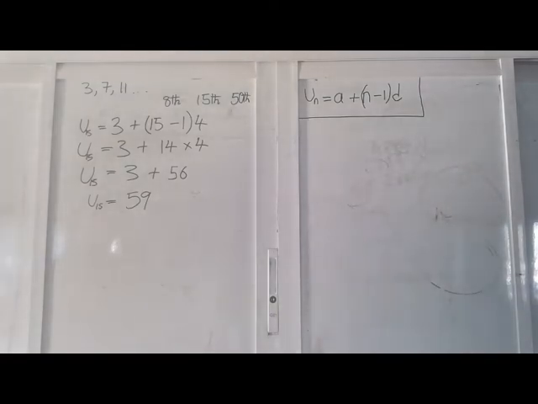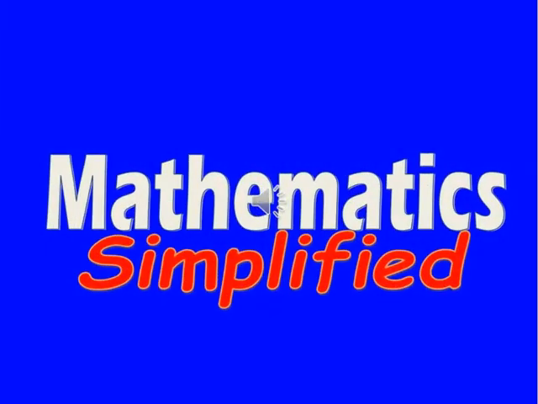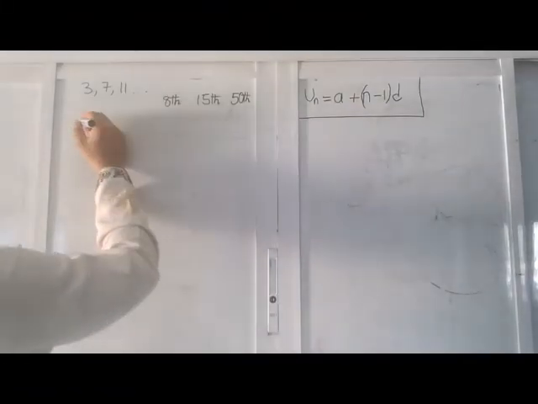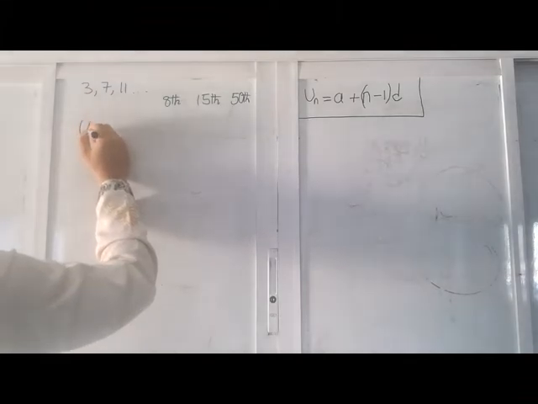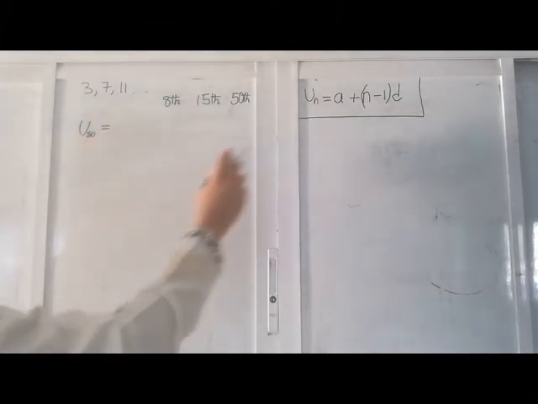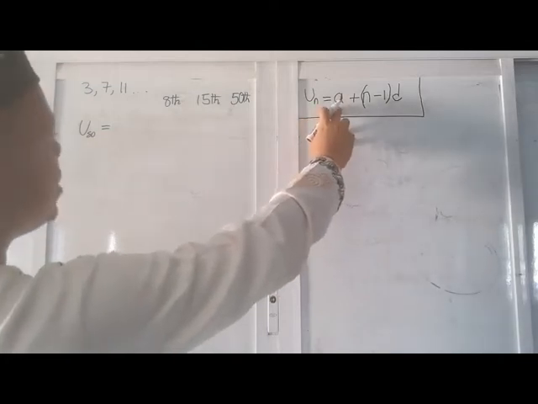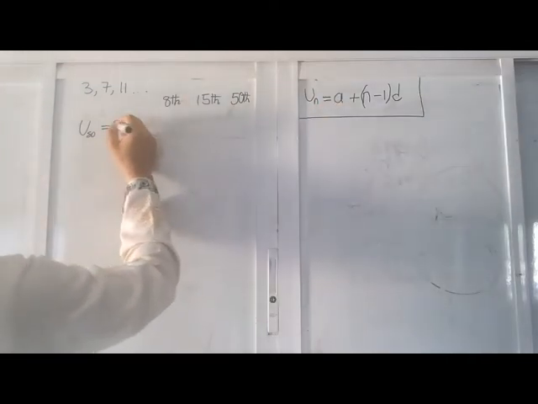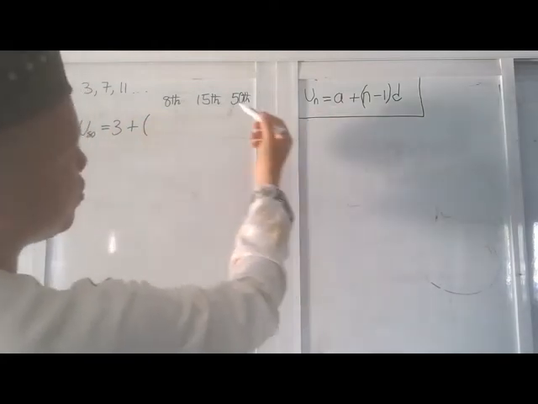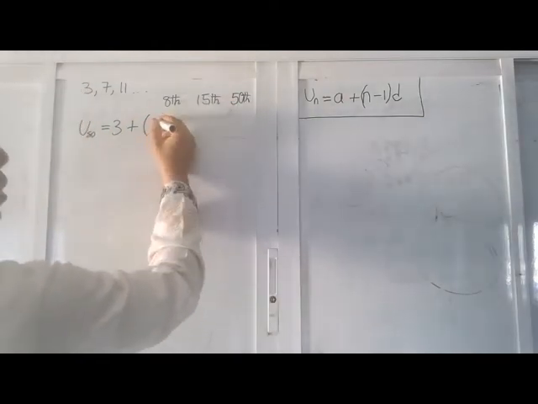What will the 50th term be? Let's find out. Going back to our formula, we have the 50th term. We don't know what it is for now. Come to our formula, the first number is A, which is 3, plus, we open bracket, our n now will be 50 because we are looking for the 50th term.